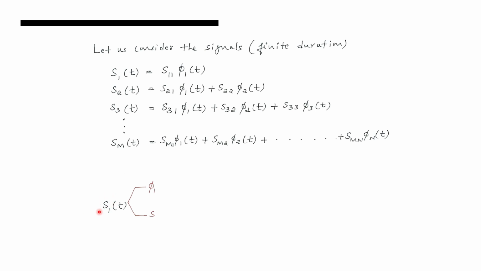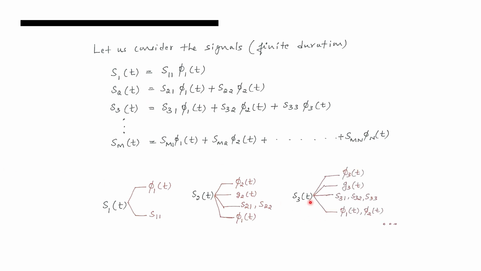Here I am going to represent S1 of t, the first finite duration signal, in terms of the orthonormal basis function phi 1 of t and S11. Similarly, S2 of t, the second signal, is represented in terms of the second orthonormal basis function with the known value of the first orthonormal basis function. And we have to calculate S21, S22 and g2 of t for the second signal.